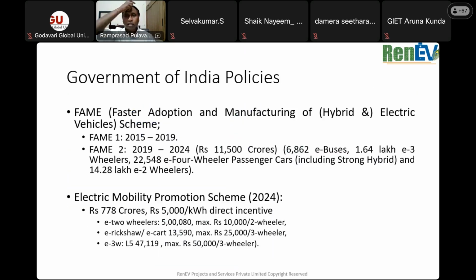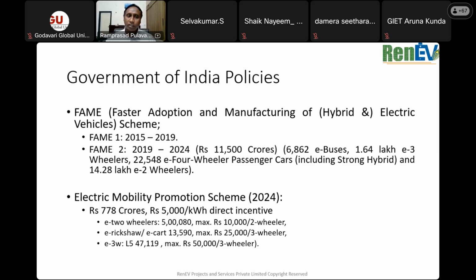Like Dr. Subramaniam Garu mentioned, FAME policy is an acronym for Faster Adoption and Manufacturing of Hybrid and Electric Vehicle schemes. FAME 1 started in the year 2015 to 2019, and it was not that successful.